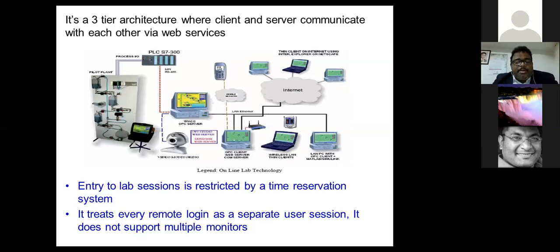But you cannot do the experiment on multiple monitors, one experiment at one time. It treats a remote login as a separate user session. It does not support multiple monitors, fine. IITs are still following the same procedure for online experiments. In VIT, we have developed it only for some experiments. That is why, for online experiments, we all need to think about the present and future.